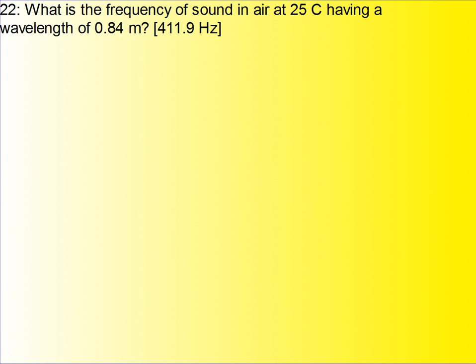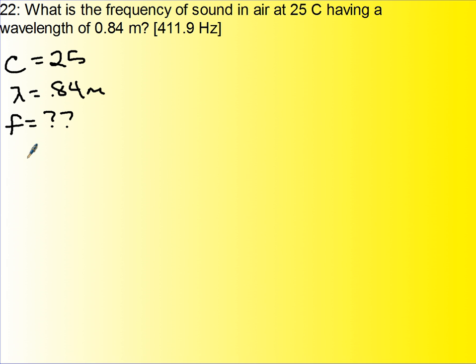What is the frequency of sound in air at 25 Celsius? So I have my temperature, 25 Celsius. It has a wavelength of 0.84 meters. Now, folks, this one you've got to combine a couple things. We're looking for frequency, but we do not have the speed.